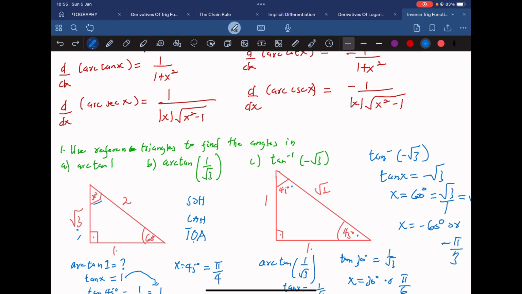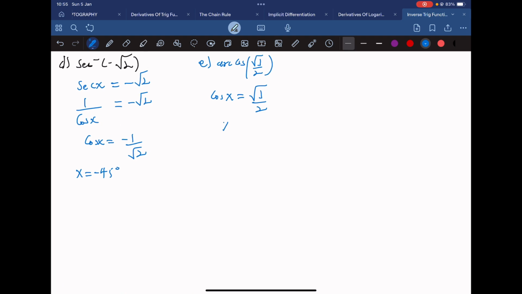Which one do we use? We have to use 30 degrees, right? The adjacent of 30 is root 3, and the hypotenuse is 2 in this case. So it means that our x is just 30 degrees, or we can say pi out of 6.